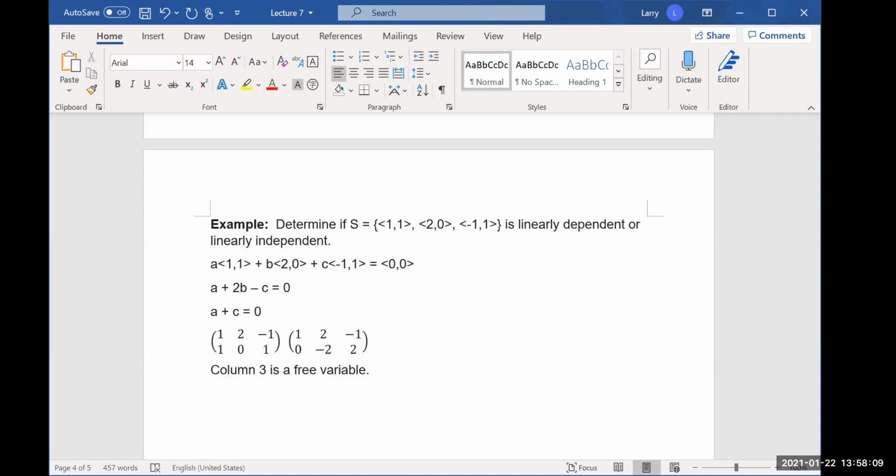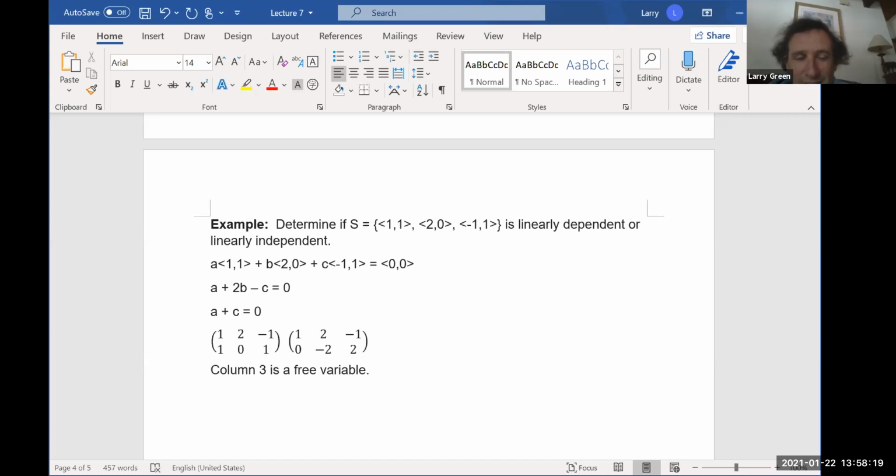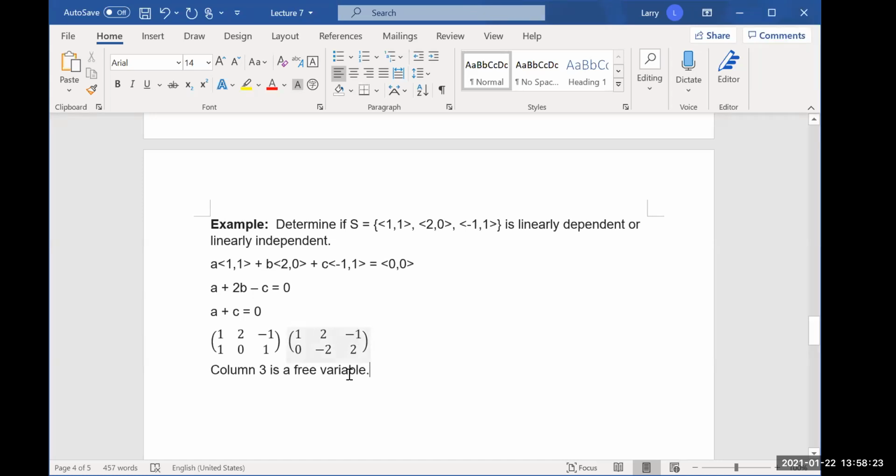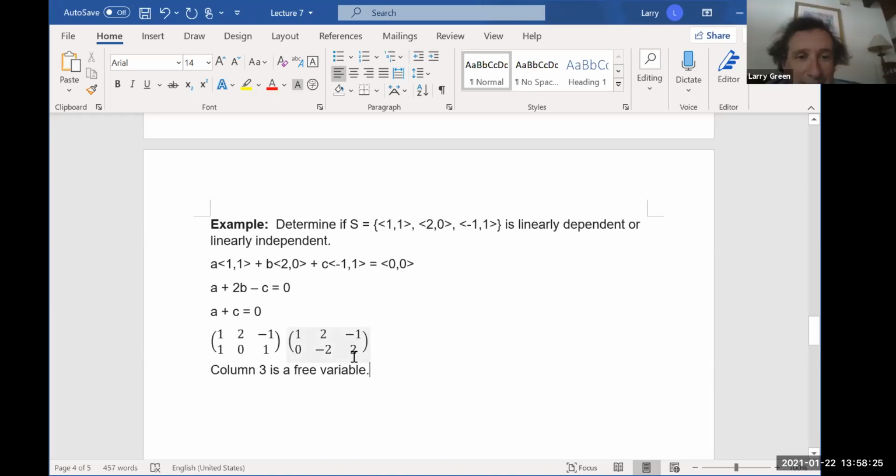So, does that mean that since column 3 is a free variable, there can be multiple linear combinations that lead to 0, 0, and therefore it's linearly independent? Exactly. So that means we can let column 3, C, equal T, right? And you can say T is 1, for example, and then you'll get an answer. Do you see that?